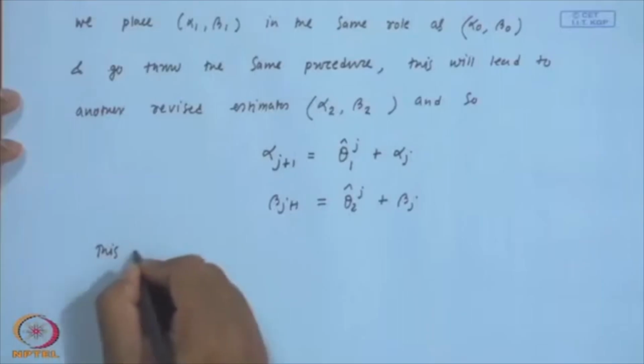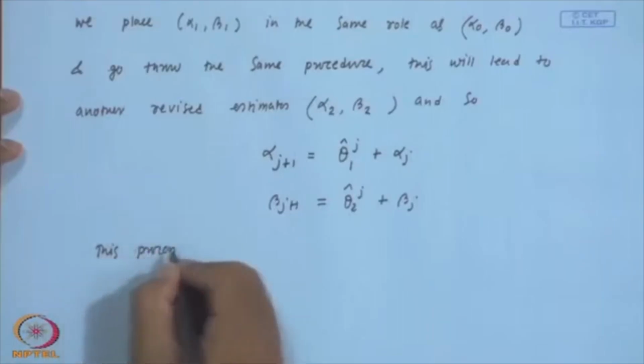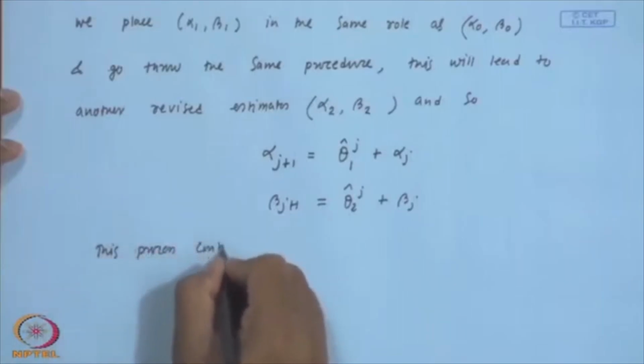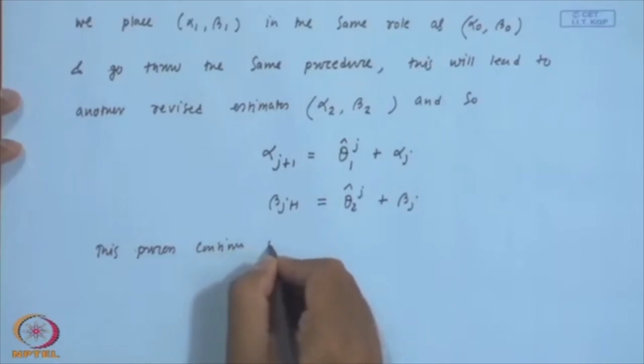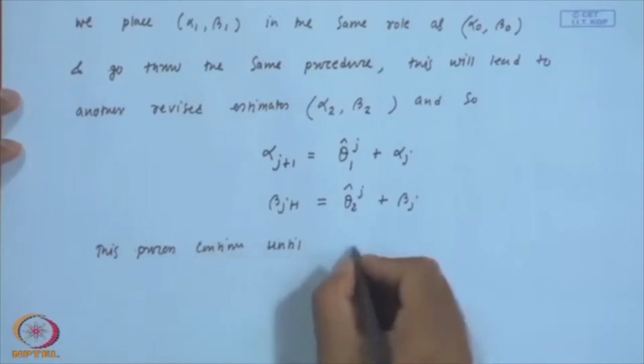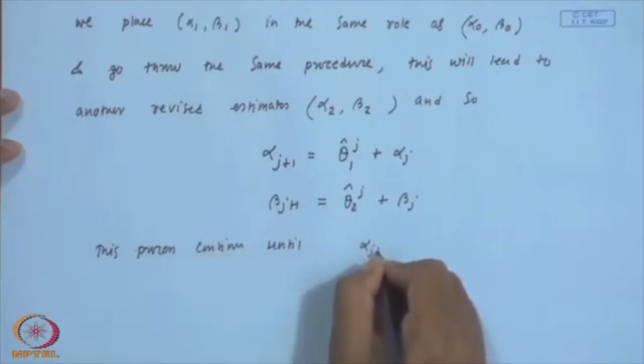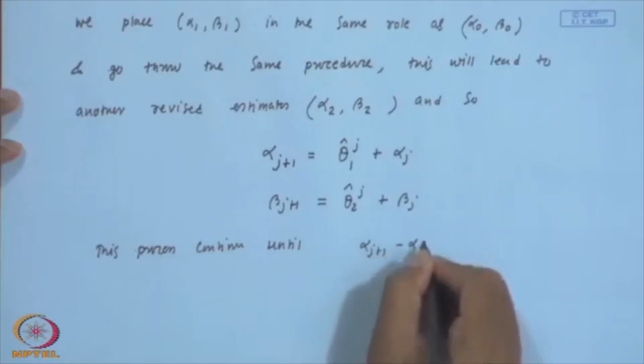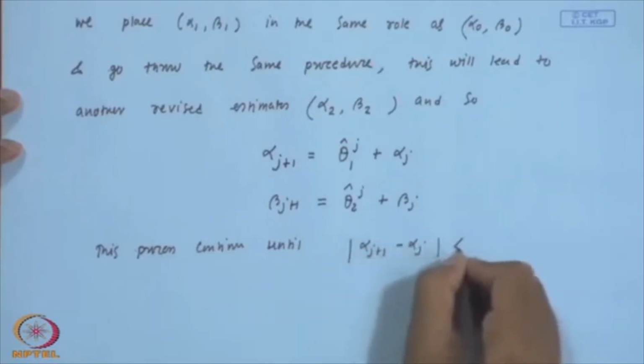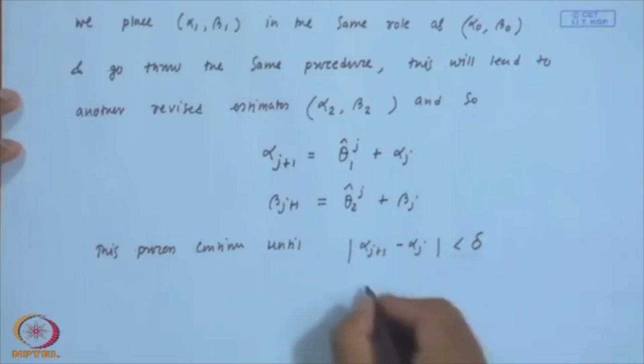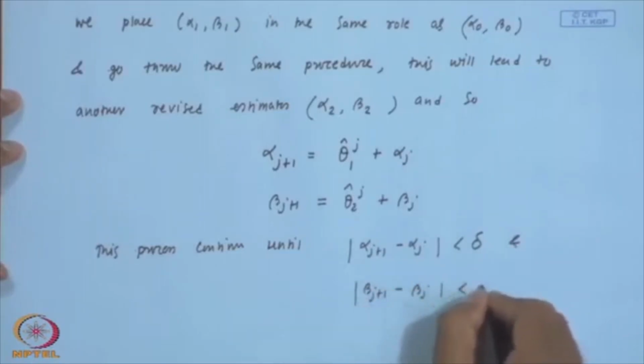So, this process continues until alpha j plus 1 minus alpha j is less than delta, and beta j plus 1 minus beta j is less than delta.